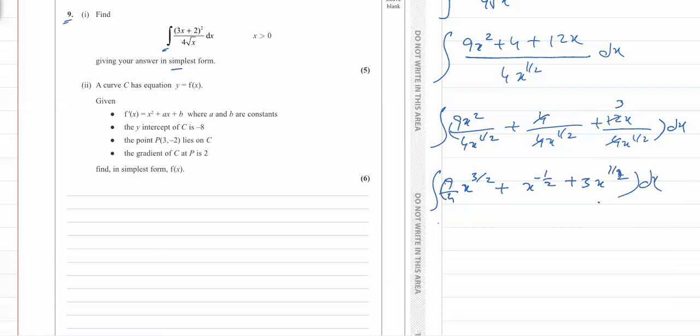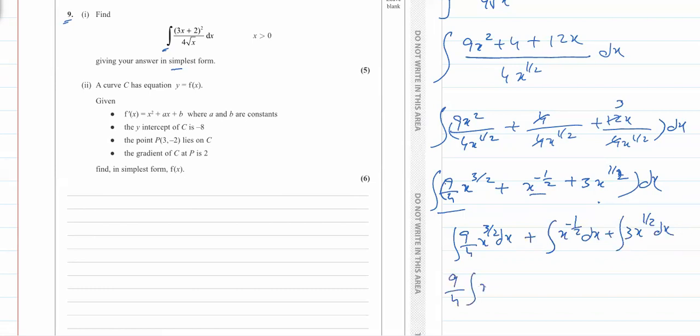So now from here we will integrate them separately. For this one, the integral will become 9 over 4 x^(3/2) dx plus x^(-1/2) dx plus 3x^(1/2) dx.